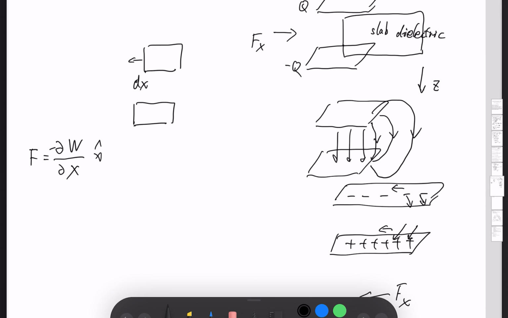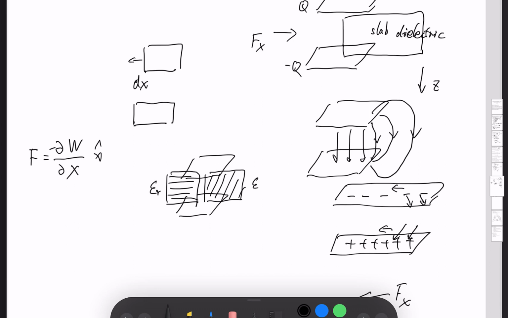So now we can try to calculate the capacity. I think you have a similar homework problem where you are supposed to calculate the capacity for the configuration where there are two kinds of dielectric materials, one having epsilon r, one having epsilon r prime.